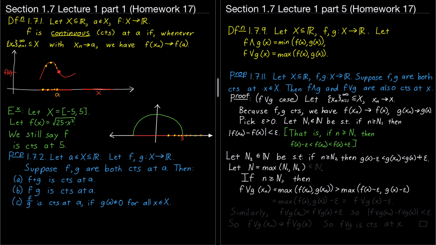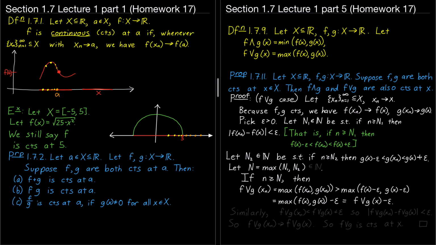This thing is precisely equal to max of f of x, g of x, minus epsilon, which we write with our v notation, f v g of x minus epsilon.